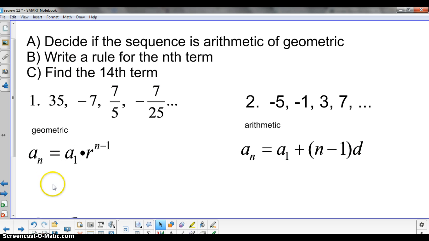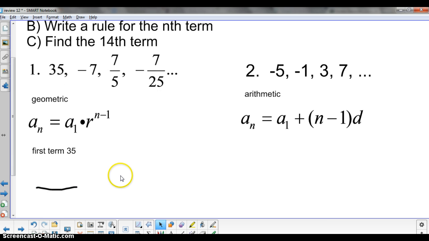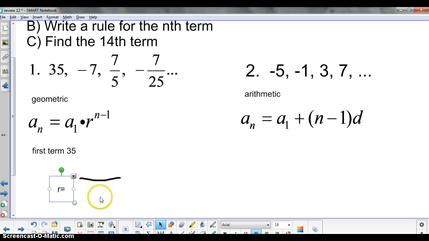The first term, that's going to be easy. It's 35. The r value is what are we multiplying each time. So in order to find the r value, I always like to think of it as just as simple as taking a term, putting that on top, and then dividing by the previous term.